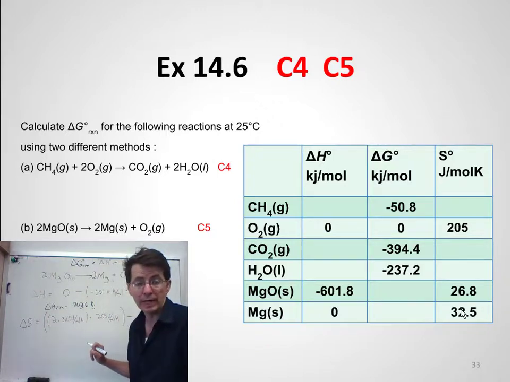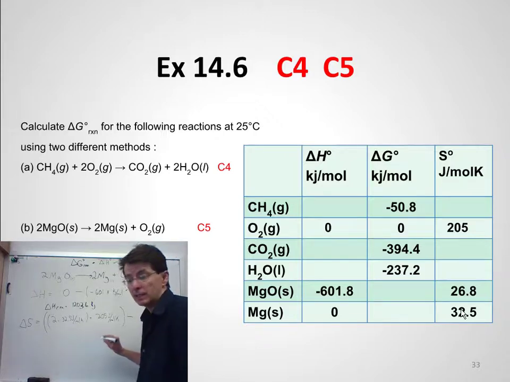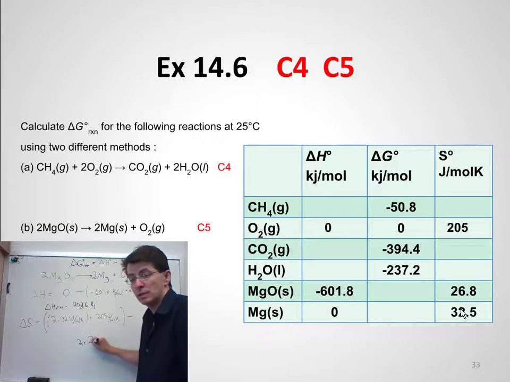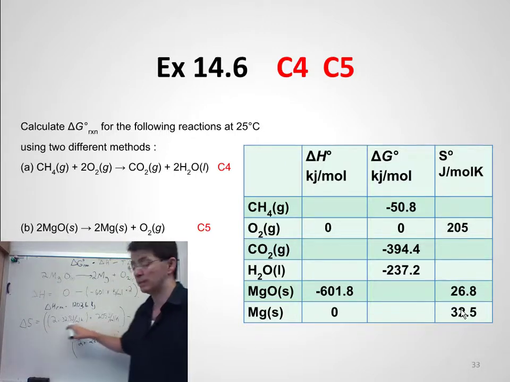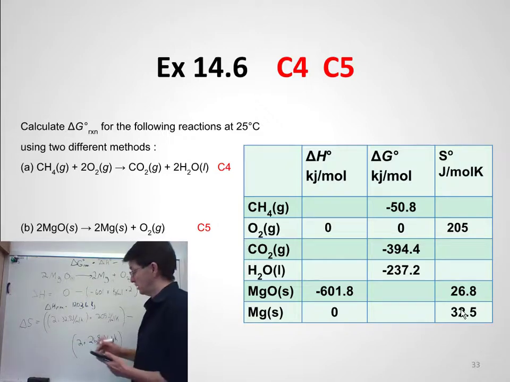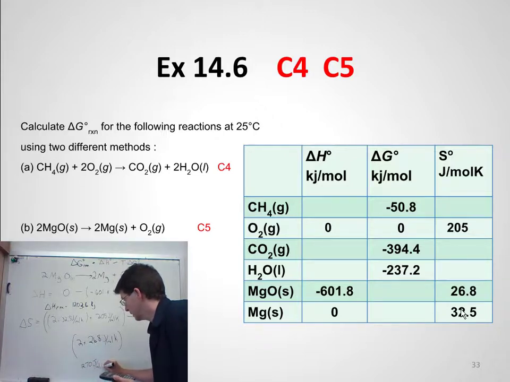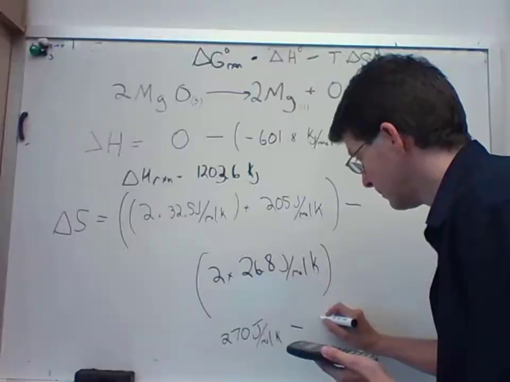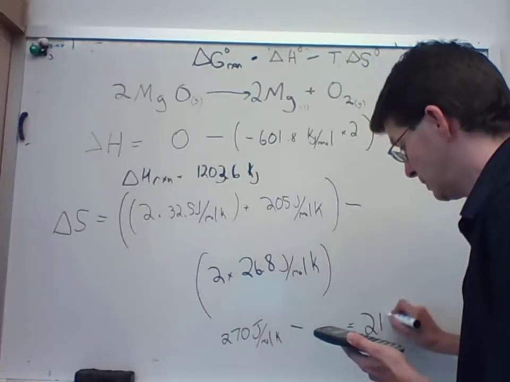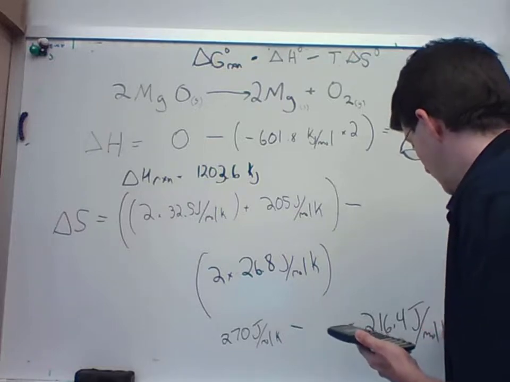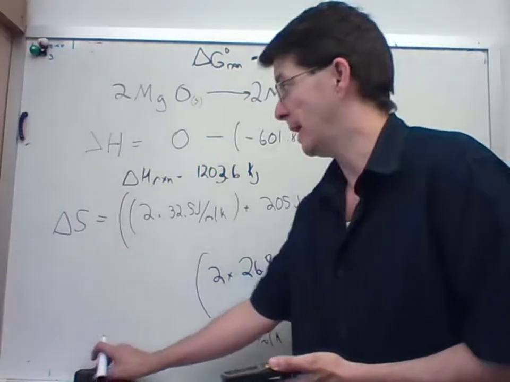In this case, the reactant was the magnesium oxide, which has an entropy of 2 times 26.8, a positive value. Checking my math, 270 joules per mole Kelvin minus 216.4 joules per mole Kelvin for this reaction.